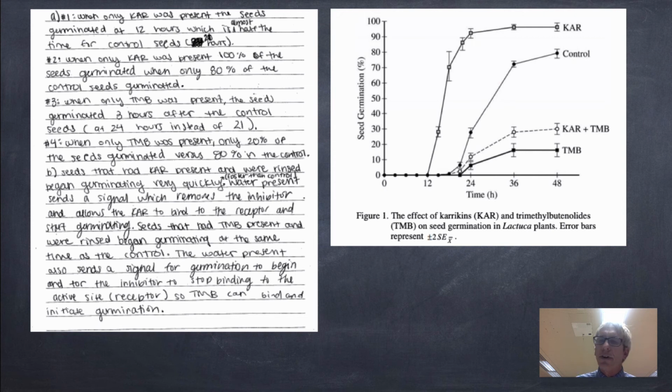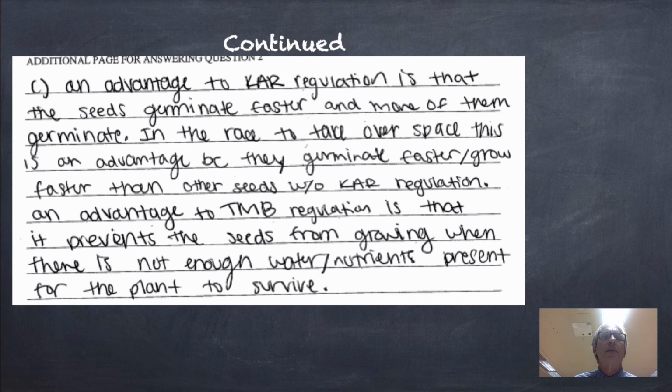They have earned 4 points for part A, but it's all that material up at the top that is simply saying KAR seeds germinated sooner, with a higher percentage of germination, and TMB germinated later and a lower percentage. An advantage for KAR regulation: seeds germinate faster, more of them germinate.